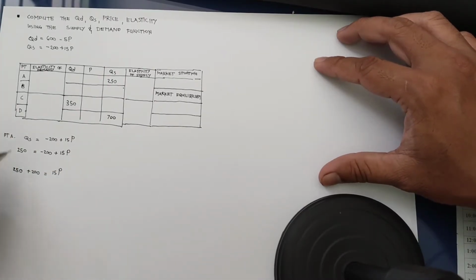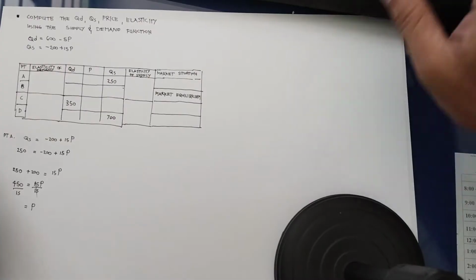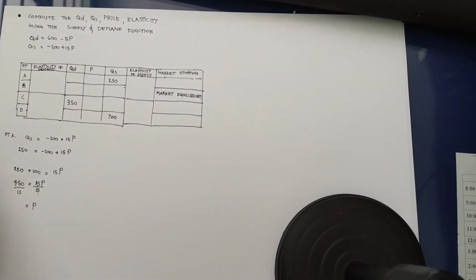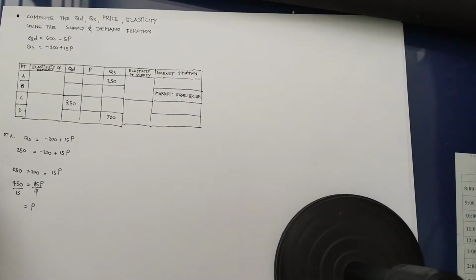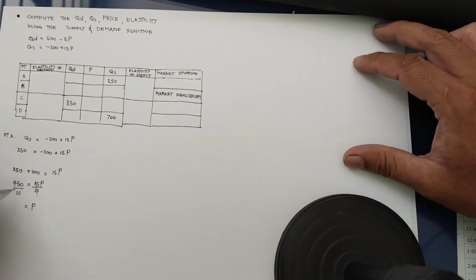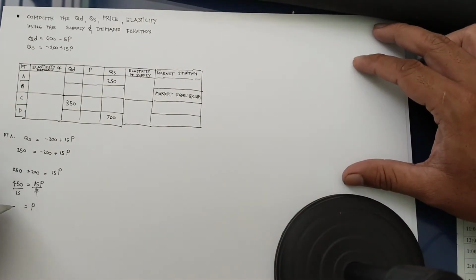So we have 450 is equals to 15P over 15. So our P is equals to 450 divided by 15, that would be 30. So P is equals to 30.